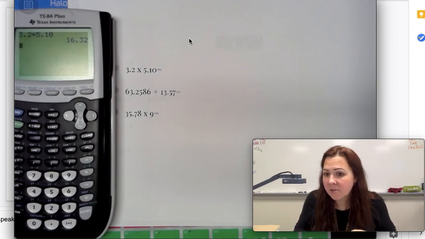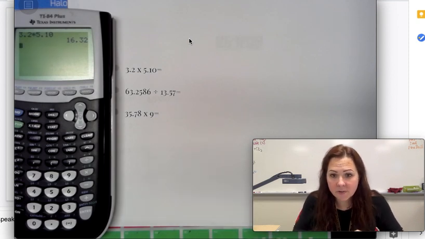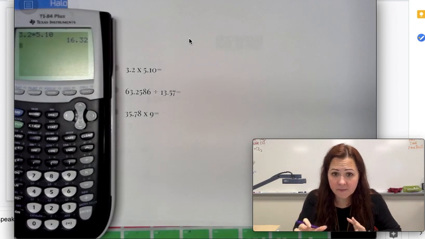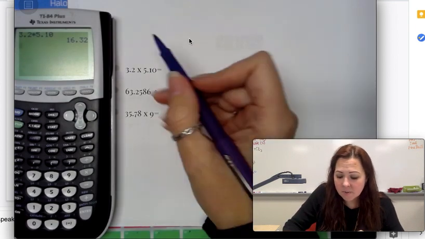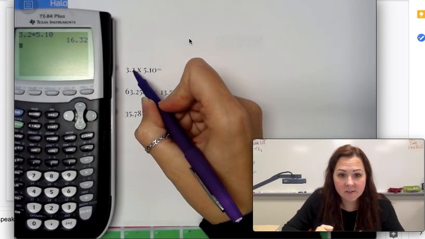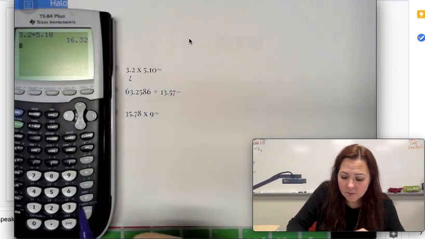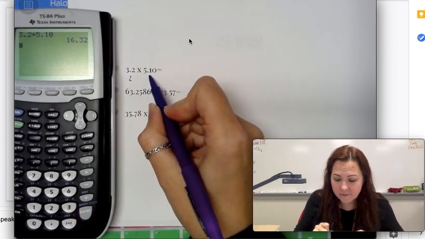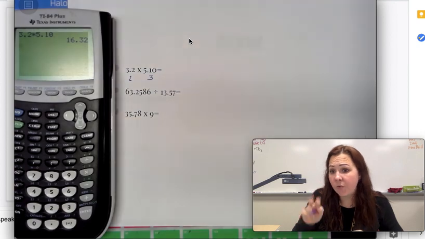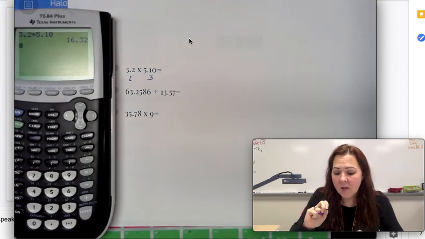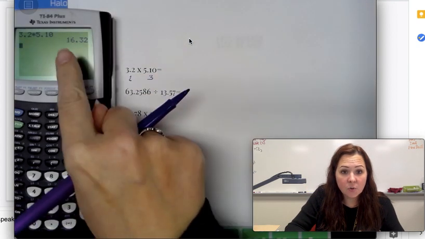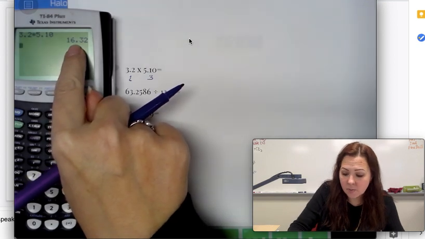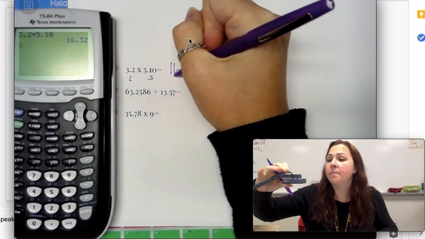To round my answer, because I'm doing multiplication or division, I'm using the least number of SigFigs. This number, 3.2, has 2 SigFigs. This number, 5.10, has 3 SigFigs. That means that my answer can only have 2 SigFigs. So I need to round this to only contain 2 SigFigs, so my answer here is 16.